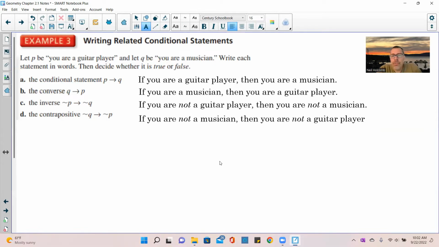That's not true. If you are not a guitar player, but you play the piano, you are still a musician. And then if you are not a musician, then you are not a guitar player. That is true. If you're not a musician, you're not a guitar player, piano player, or any instrument player. So the original is true, then the contrapositive will be true.